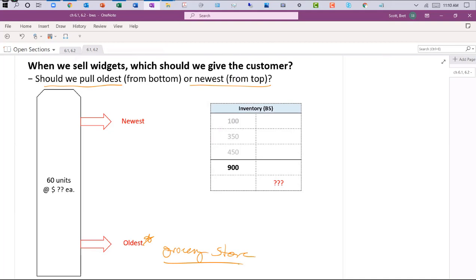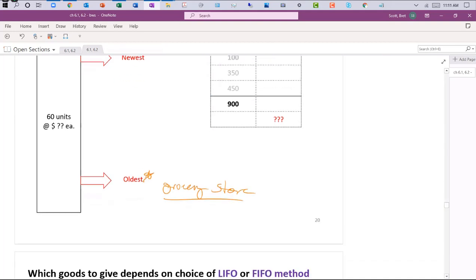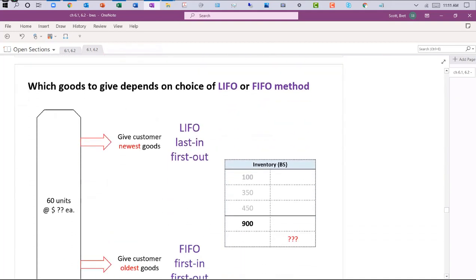I usually think about grandma's candy dish when I'm thinking about pulling stuff from the top. Grandma's newest candy that she refilled is in the candy dish. The stuff that's nasty is at the bottom, right? So how should we pull from this system? It just depends on how companies set up their warehouse and how they set up the bin to be pulled.